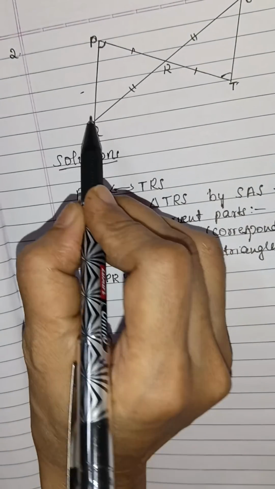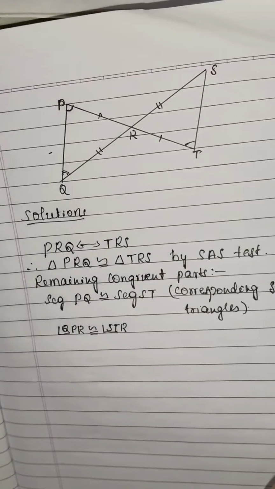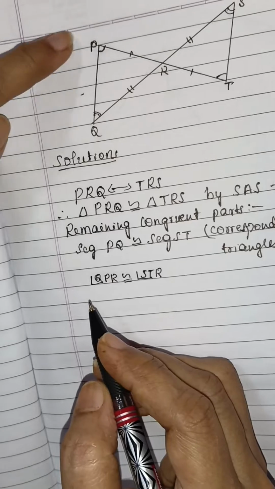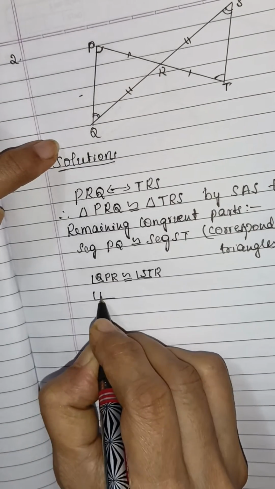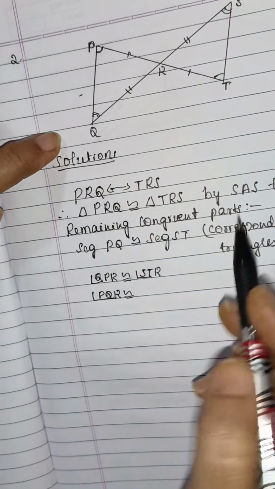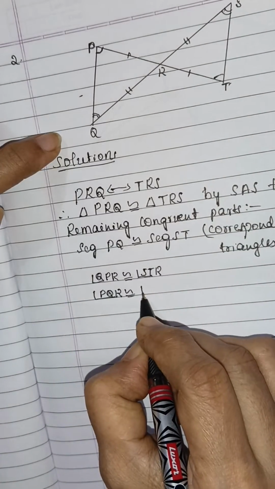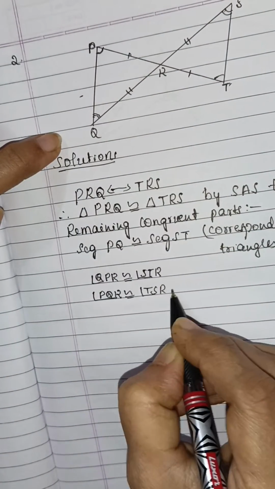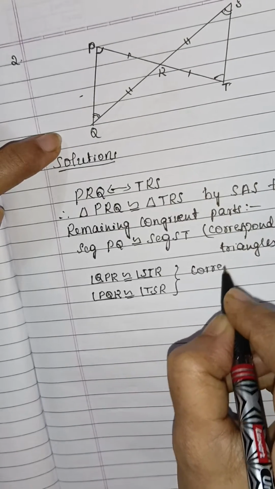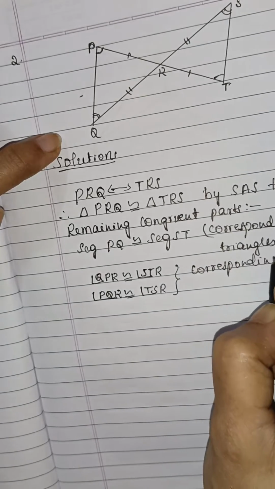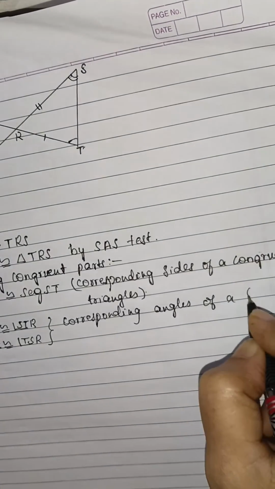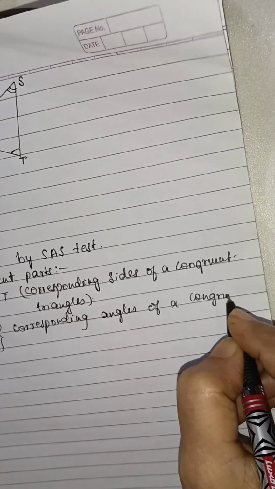This angle is congruent to this angle S. Therefore, angle PQR is congruent to angle TSR. These are corresponding angles of congruent triangles.